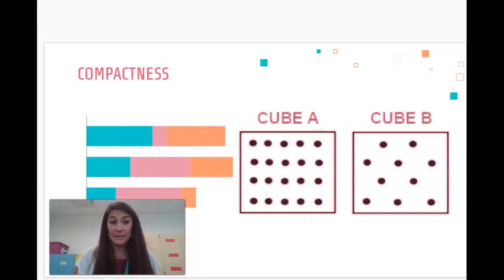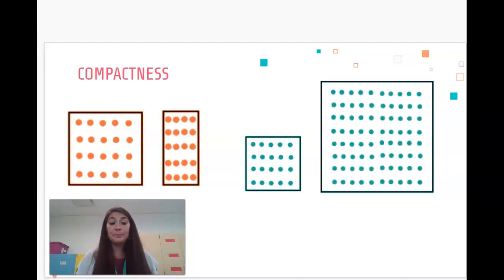Let's look at some more examples. Here we have the orange example and the turquoise example. Again, referencing compactness, I want you to think about the following two questions. Right, compactness, how close those mass units are per unit volume, tells us how dense something is.